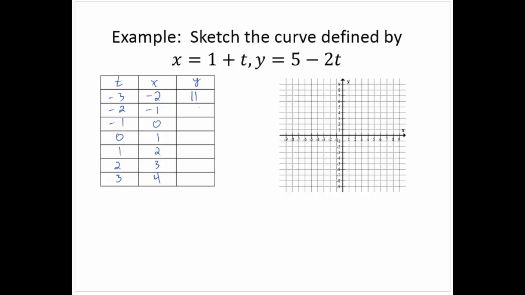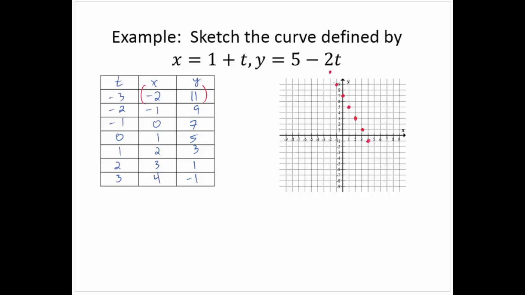And similarly, we would get 9, 7, 5, 3, 1, and -1. The points that you would plot are the x and y coordinates. So we would have the points (-2, 11), (-1, 9), (0, 7), (1, 5), (2, 3), (3, 1), (4, -1).